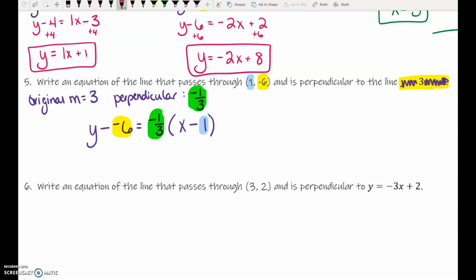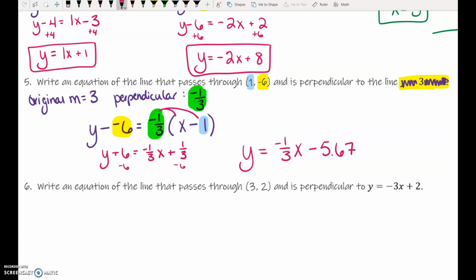We want to write this in slope-intercept form, so we need to distribute. We have y + 6 = -1/3 x + 1/3. Subtract 6 on both sides. I did 1/3 minus 6, and I got the decimal -5.67. I'm fine with the decimal, or you could change it to a fraction and write -17/3, whichever you want.